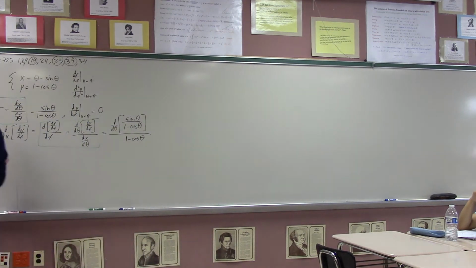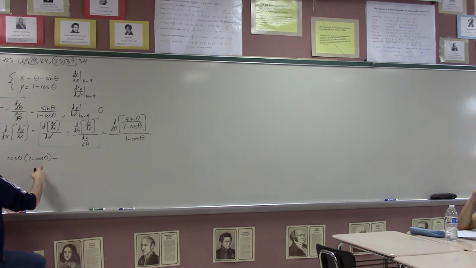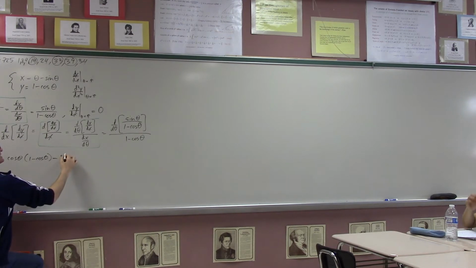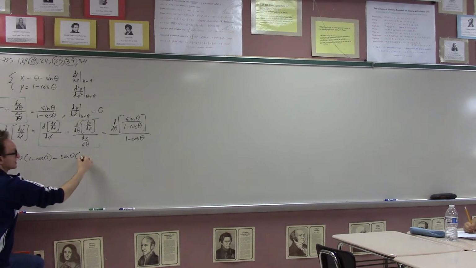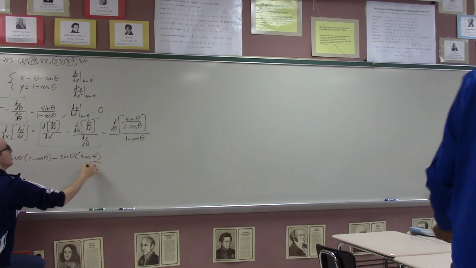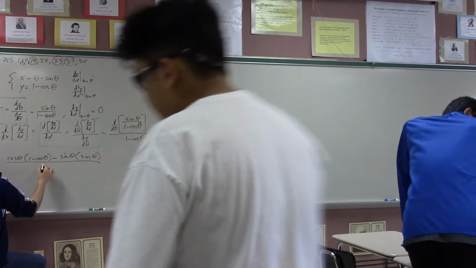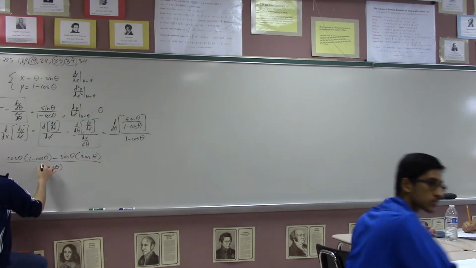Okay, so what is this? I guess I'll use the quotient rule. Derivative of the top is cosine times the bottom, 1 minus cosine, minus the top, sine theta, times the derivative of the bottom, which is also sine theta, over 1 minus cosine theta squared.